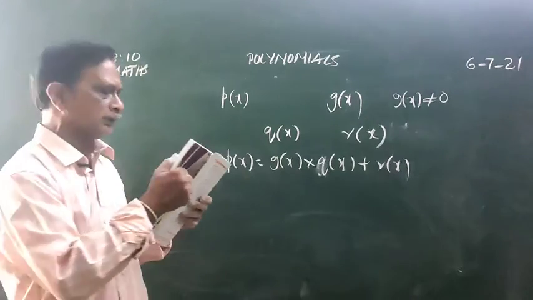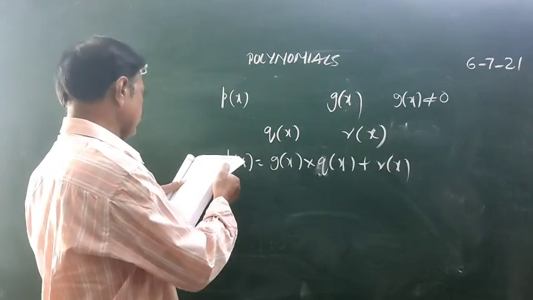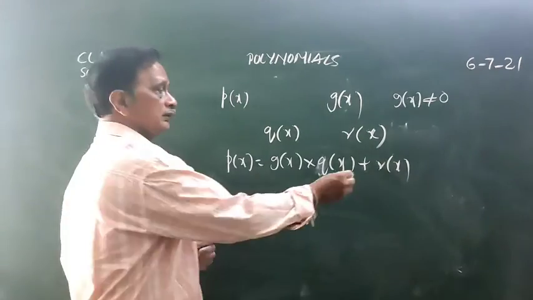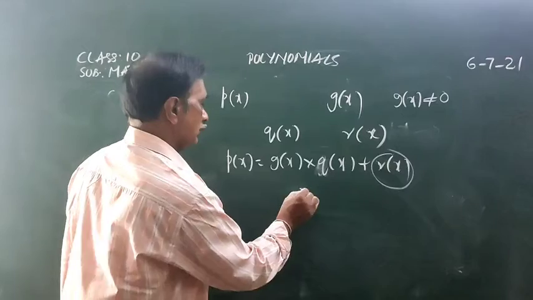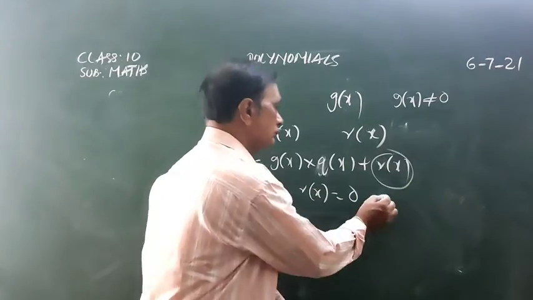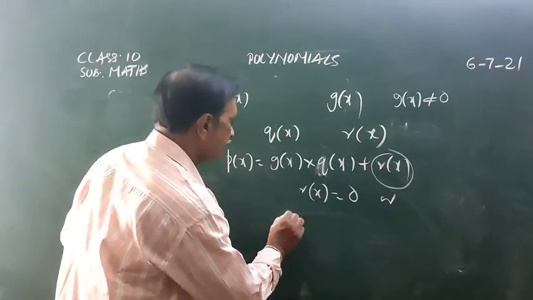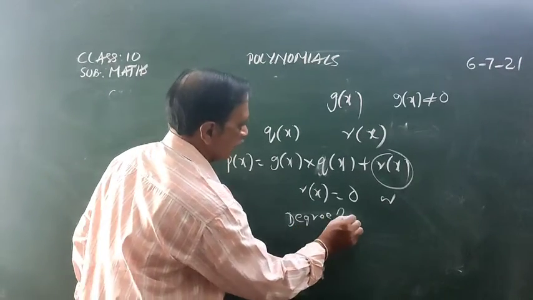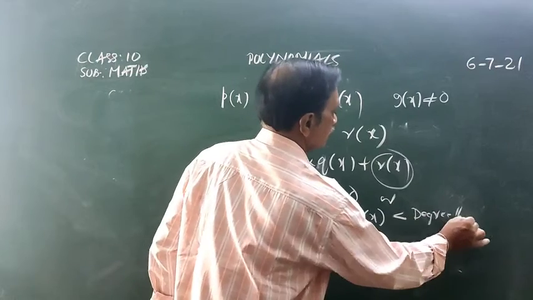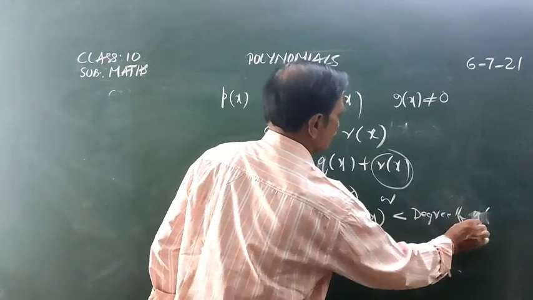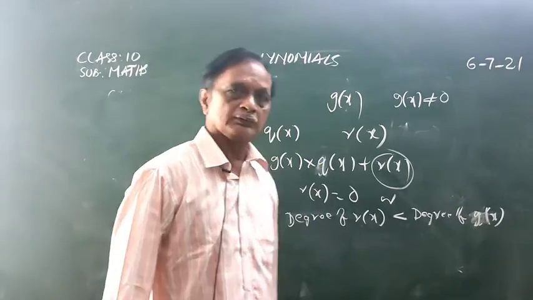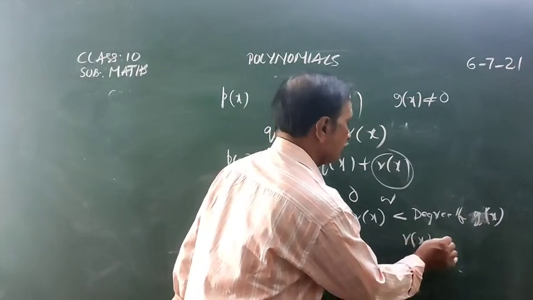So you go through page number 69, where r of x equal to 0, that is the remainder equal to 0, or degree of r of x is less than the degree of g of x, where r of x is not equal to 0.